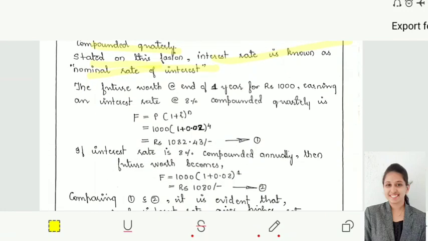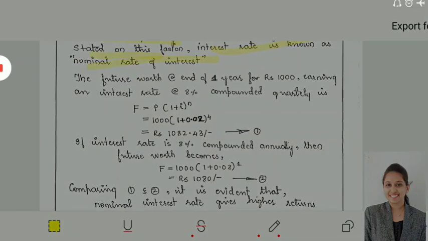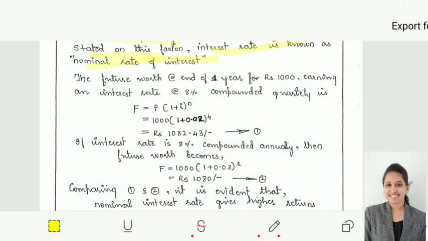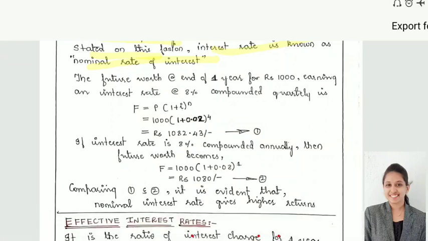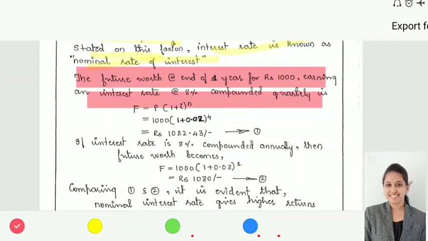Thus, the future worth at the end of 1 year. This is one of the best examples for you to understand it properly. Consider the future worth at the end of 1 year for rupees 1000, earning interest at 8% compounded quarterly. Here we know the formula, that is future worth is equal to present worth times (1 plus i) raised to n.